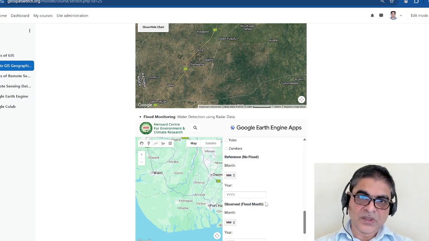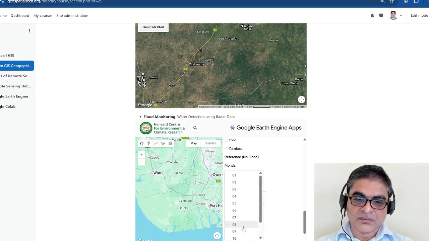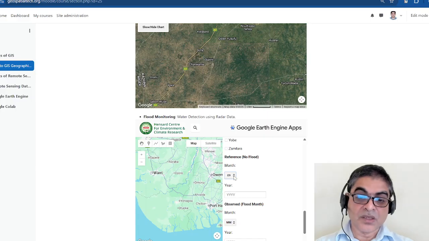Then you can compare how much area had water as a flood. There was a flood, I think, in August or September. Here you have to choose a similar month but not a similar year.